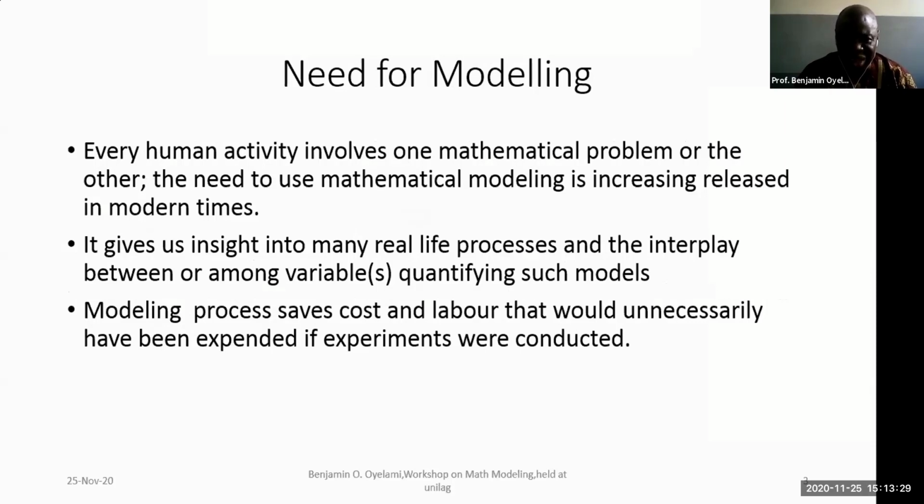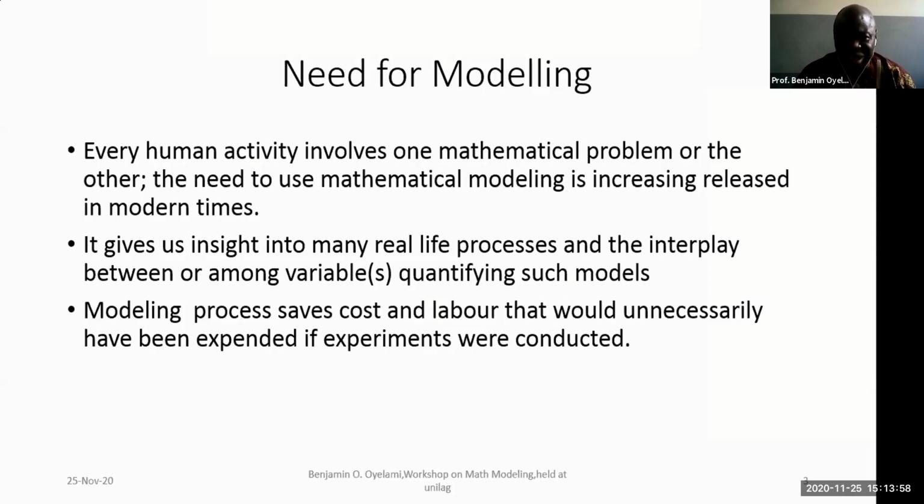For example, in a laboratory, if you are mixing chemicals together, sometimes it can lead to an explosion. So the best way of experimenting with those things is to first design a model and see what will happen if certain chemicals are mixed together. From our knowledge of chemistry, we can know what will happen, instead of experimenting directly with it.